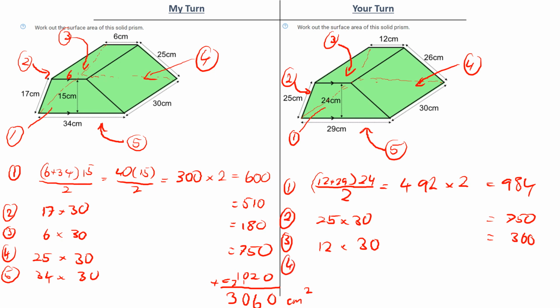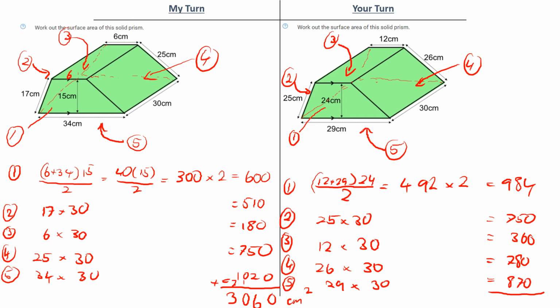Face 4, so we've got 30 times 26, 780. Now finally, face 5, we've got 29 times 30. 29 times 30 gives me 870.